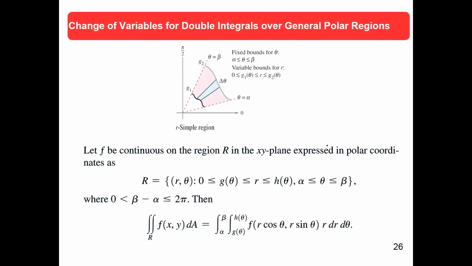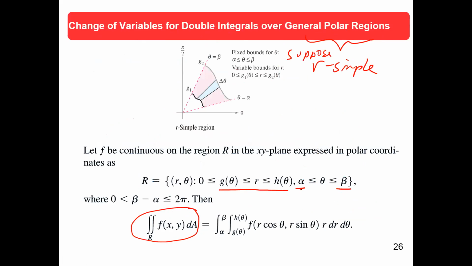Suppose that's our r simple region. How do we do the double integration in an r simple region? So pretty much the same. If the radius r is between two functions and theta is between two constants, we put the constants in the outer layer, so alpha, beta.